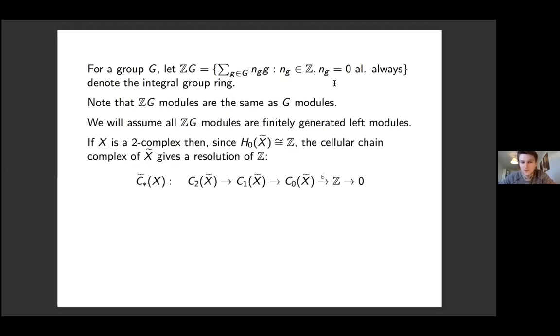Okay, so why am I talking about modules? They arise in the following way. If X is a 2 complex, noting that I assume it's connected, then since the zeroth homology of the universal cover is Z, by taking the cellular chain complex of the universal cover, we basically get the following exact sequence of abelian groups.